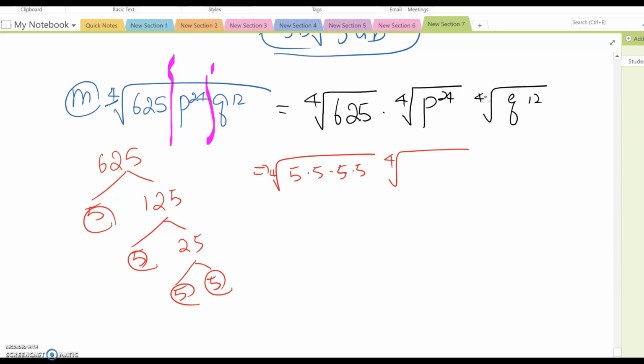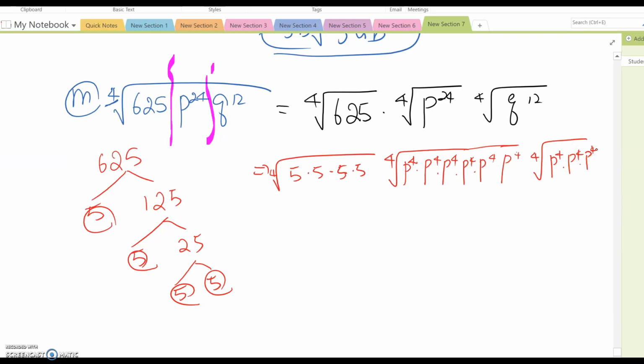Then we can make the p to the 4 there, 6 of them. And then in this case, fourth root, q to the 4 stays, 3 of them, right?